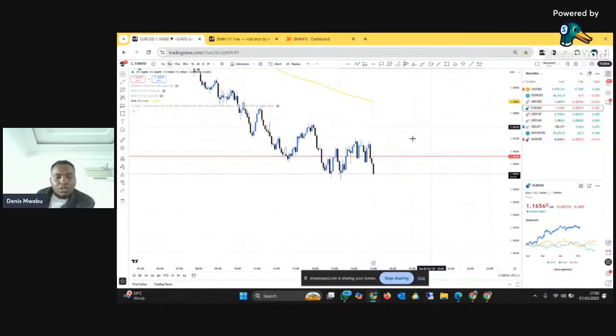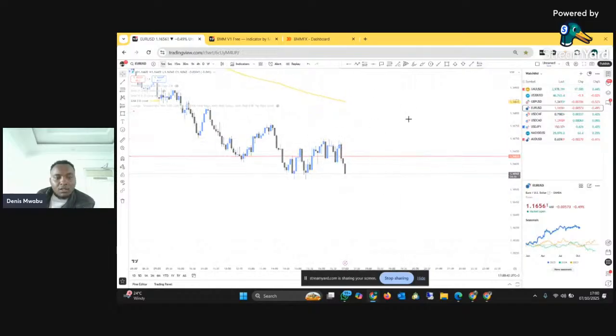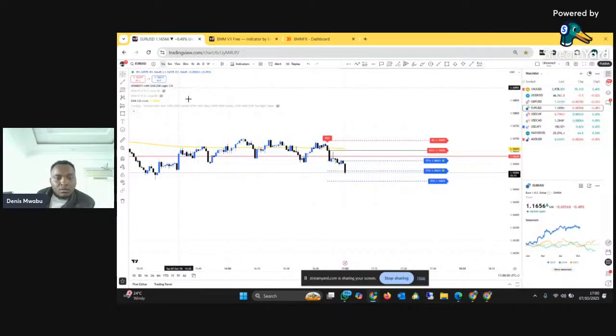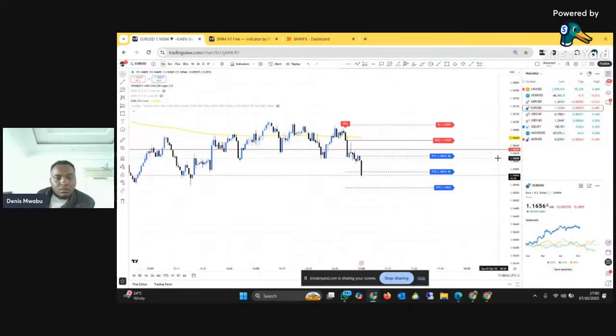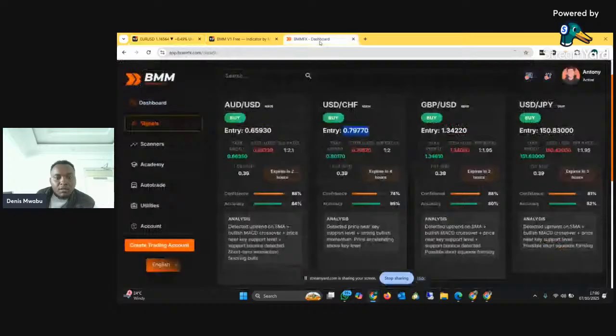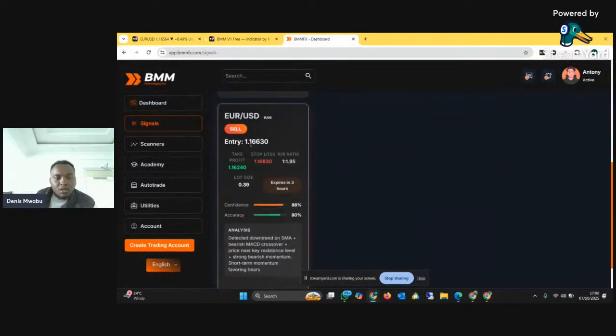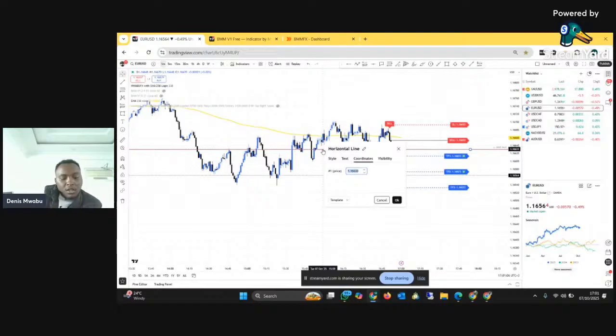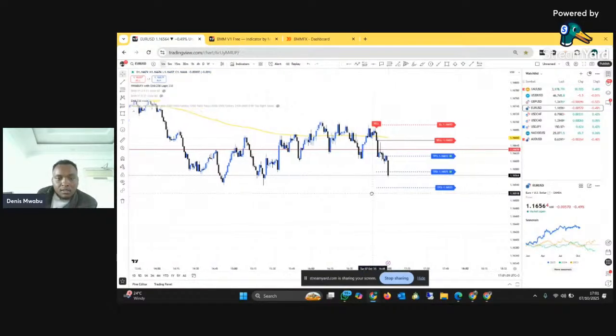So EURUSD, a sell was given here. The system has given a sell on EURUSD. I think this is a sell that I might get into. Where is the entry? Is the entry here? Take a look, my friends.